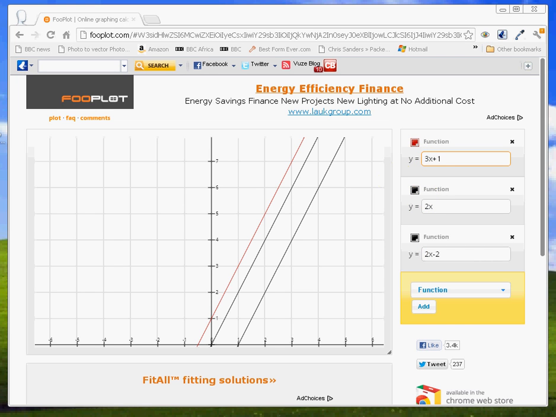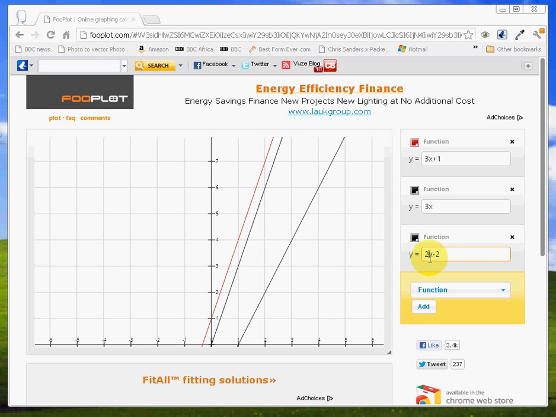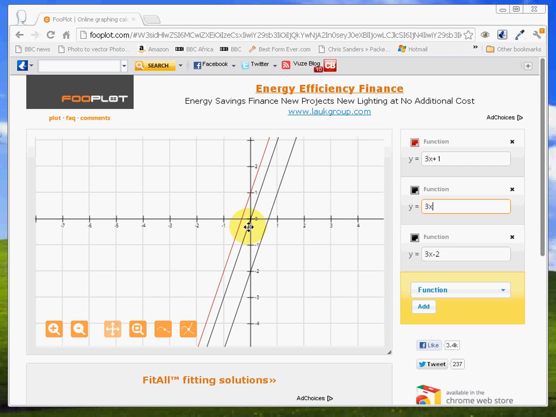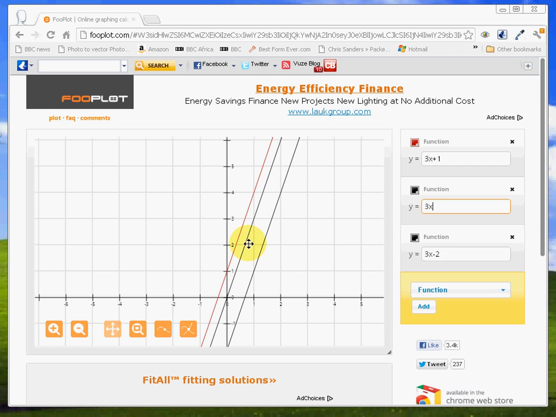Gradient of 2. Well, what if I change those to 3x? The first thing you notice is that all 3 of them are still parallel, and they've all now got a slope of 3. So this first number here, whatever you're multiplying x by, is going to be the slope.